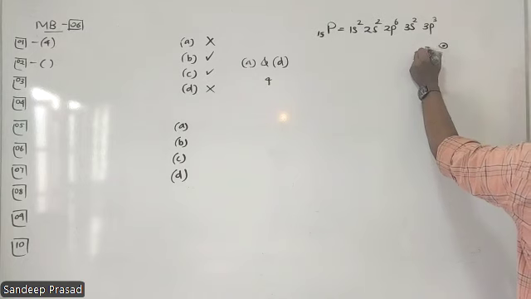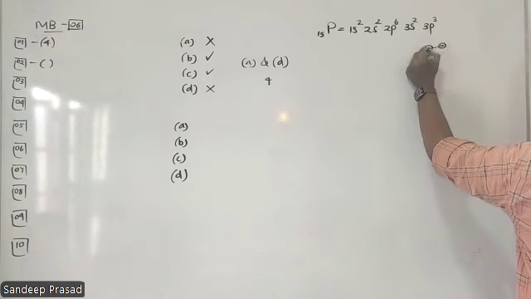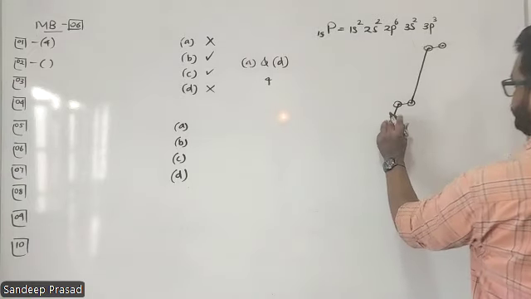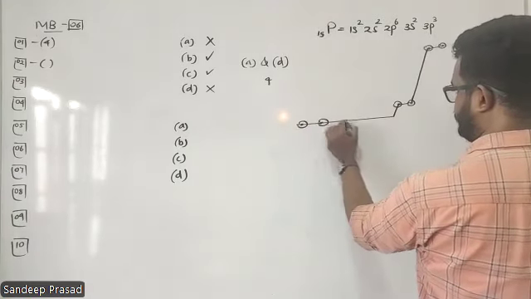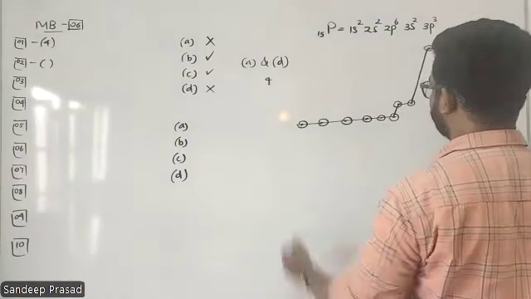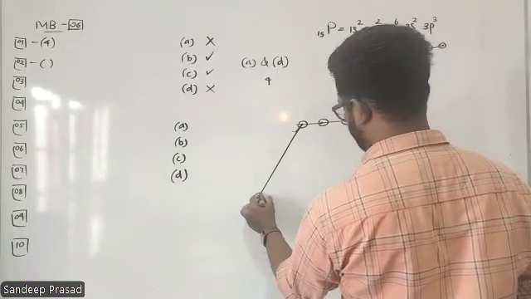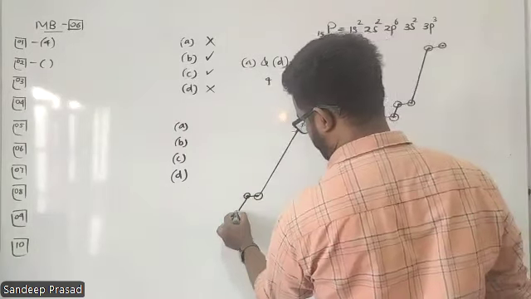Then when we draw the graph, it was like this: 1s2, 2s2, 2p6, 3s2, 3p3.